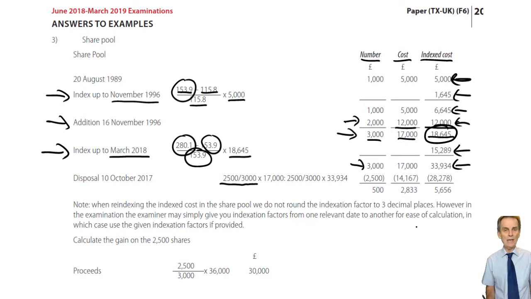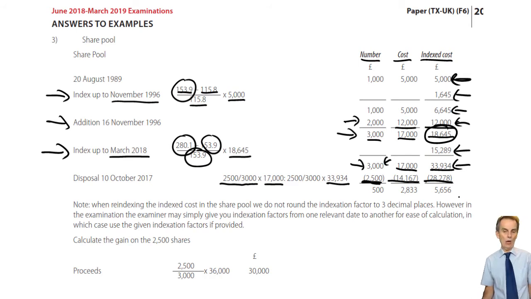So we take out on an average basis 2.5 over 3, 2,500 shares sold out of 3,000 shares held, times the cost of 17,000 and the index cost of 33,934. Put those through your calculators. Hopefully we get a cost figure attributed to those 2,500 shares, and what appears to be there £14,167, and an index cost of 28,278.